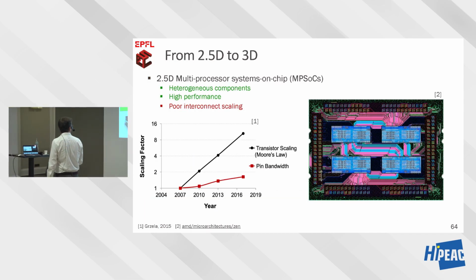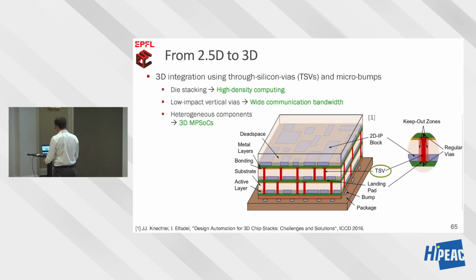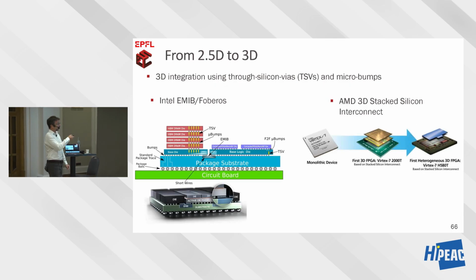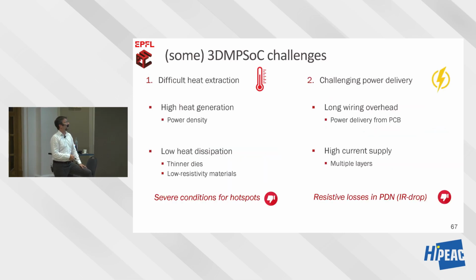Now, I said that we are moving towards chiplet-based architecture. Actually, we are even moving away from that towards 3D architectures. And these are real architectures which have been proposed, which are very much 3D, and they have a lot of heat generation, and thermal issues for them are very much a challenge.